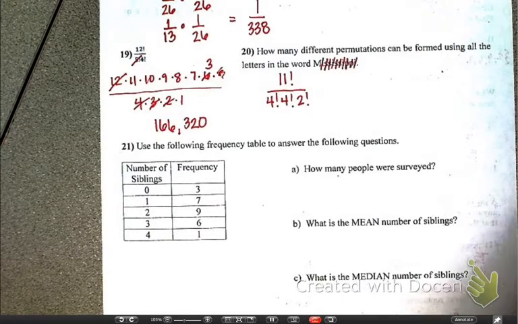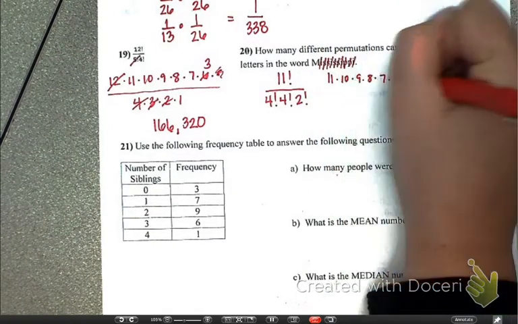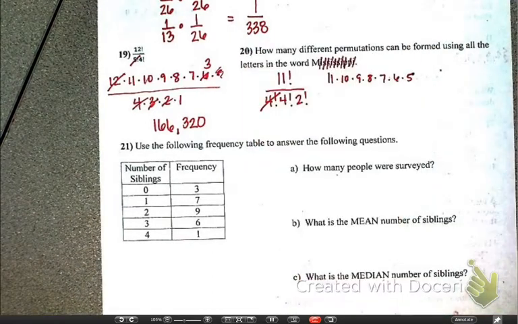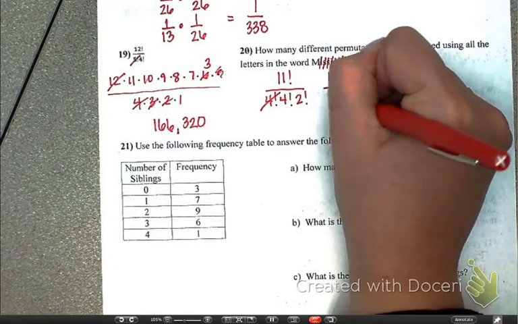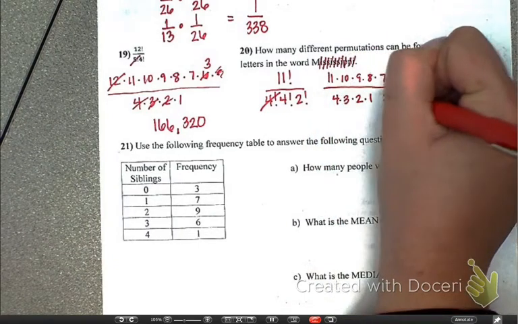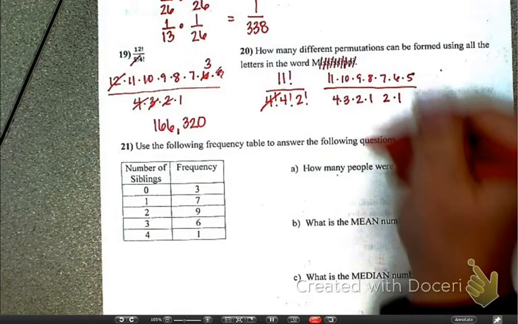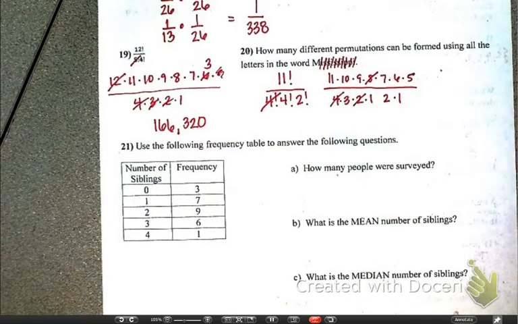Okay? So 11, 10, 9, 8, 7, 6, 5. 4, 3, 2, 1 cancels with one of them. I still have left 4, 3, 2, 1, and 2, 1. Right? How about 4 times 2 is 8, so that cancels.